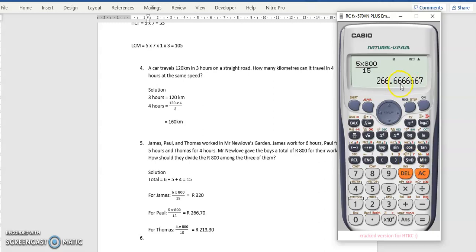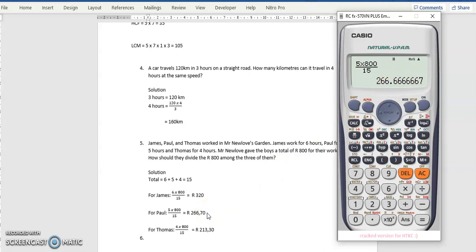So we deal with cents. So I need this first 2 digits, 66. But if you check the next number, it's more than 4. So you add 1 to this to be 7. So it's going to be 266 rand 67 cents.